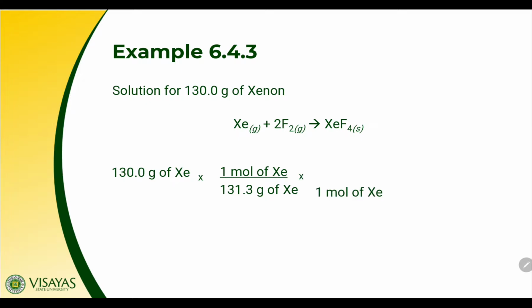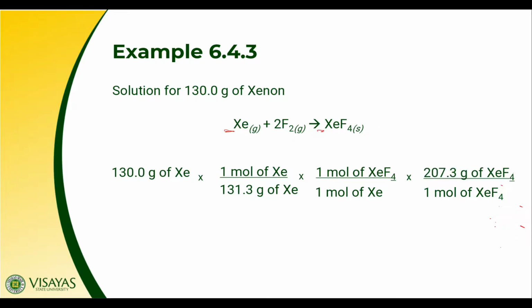So that is 1 mole of xenon here is to 1 mole of xenon tetrafluoride. Lastly, we convert mole xenon tetrafluoride to gram xenon tetrafluoride, using the molar mass of xenon tetrafluoride. So now we cancel the units. Okay, and then we get 205.2 grams of xenon tetrafluoride.